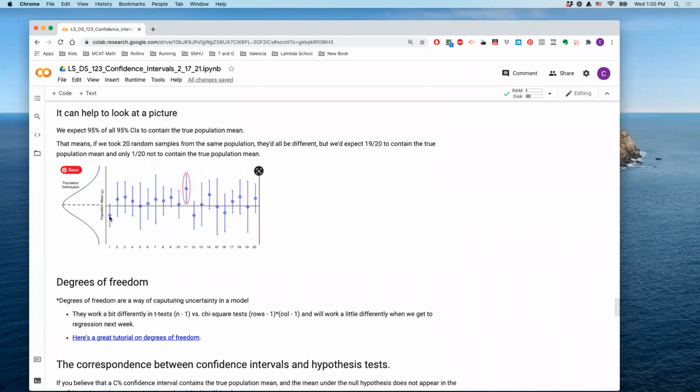And I don't know if it was one that's almost overlapping the population mean, or one that almost exactly lines up with the population mean. I don't know which one of them it is. But I'm pretty sure, I'm 95% confident that I got one of these good ones. I only think there's a 5% chance I got a dud.